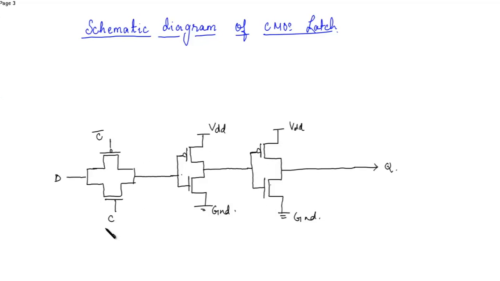Now when C is equal to 1, this transmission gate is activated. So we'll place a transmission gate so that when the control input C is equal to 0, this transmission gate will work.